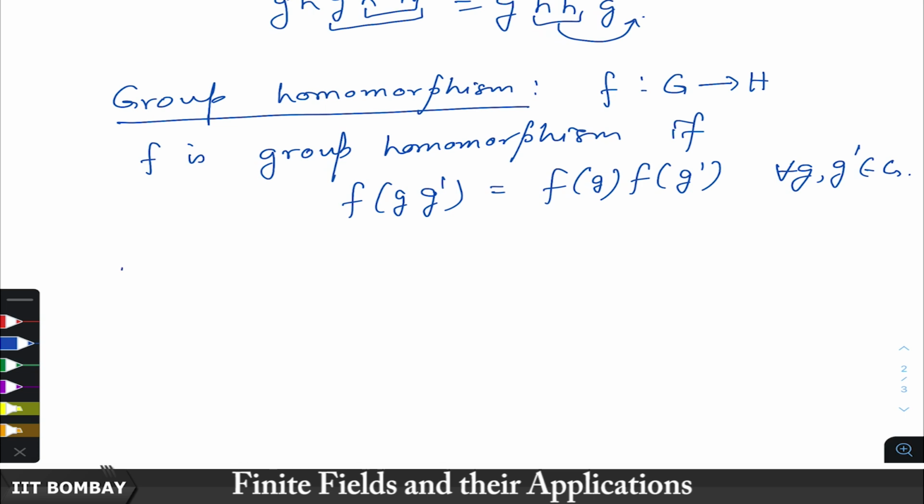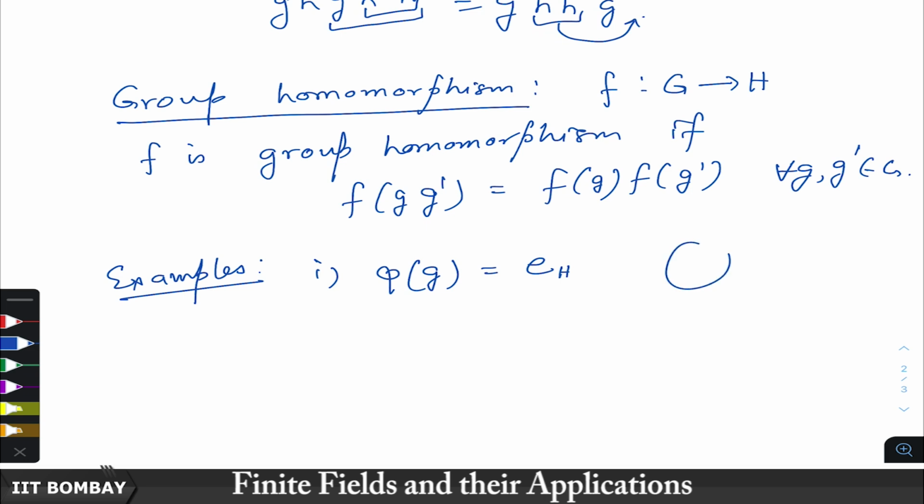Let us see some examples. First of all, a map which takes all g to e, the identity element on the right hand side. This is clearly a group homomorphism. This is a trivial group homomorphism.